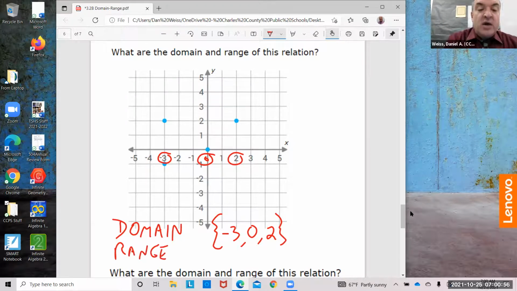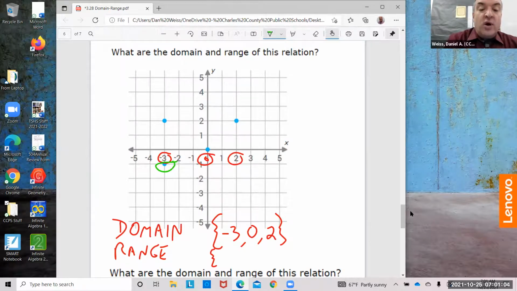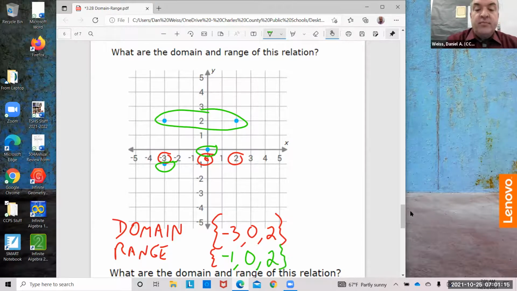The range is the y values. What are the y values? The y values are, let's change color, -1, 0, and +2. Done.